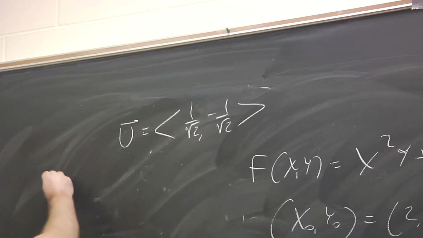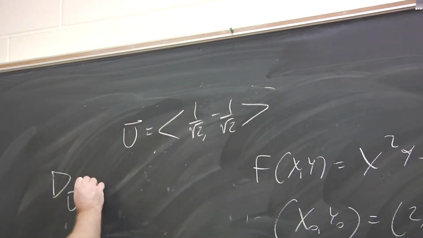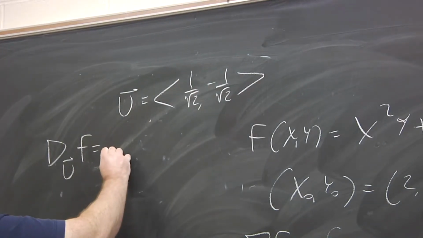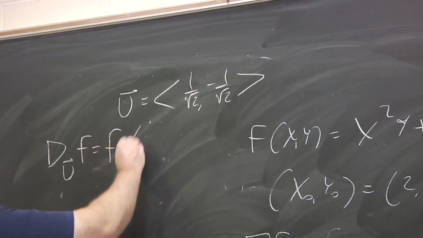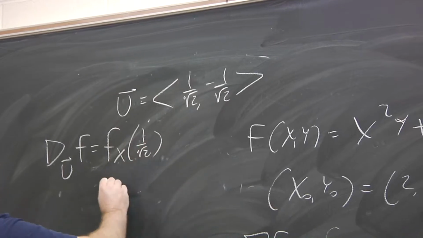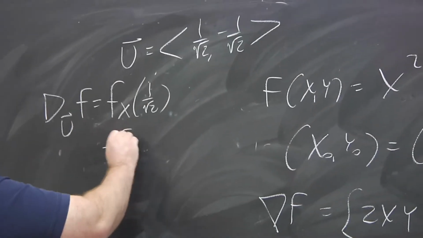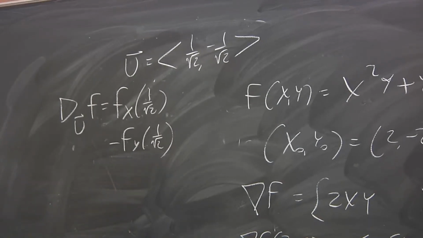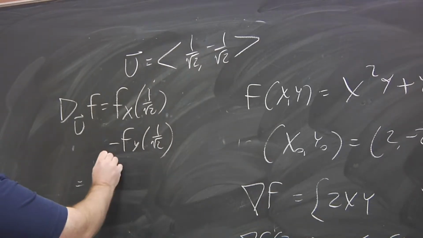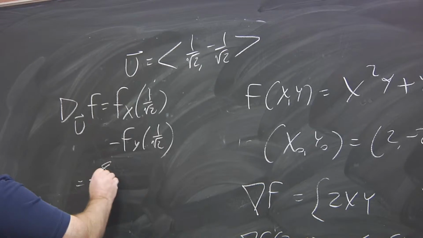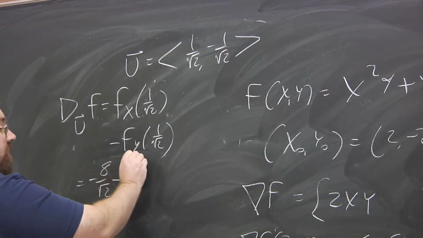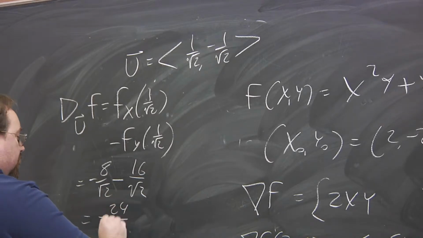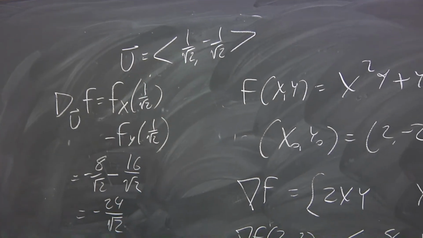Then the directional derivative in this direction u of your function is going to be fx times 1 over square root of 2 minus fy times 1 over square root of 2. So we're going to have minus 8 over square root of 2 minus 16 over square root of 2, so minus 24 over square root of 2.